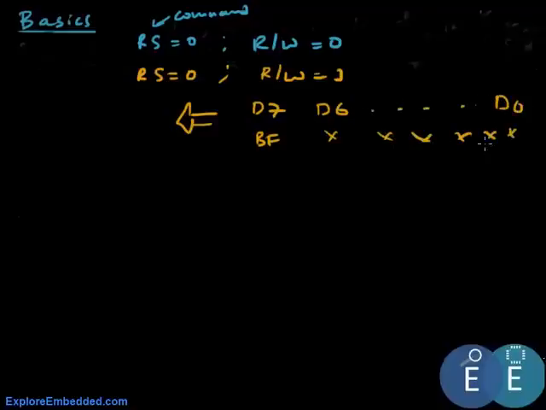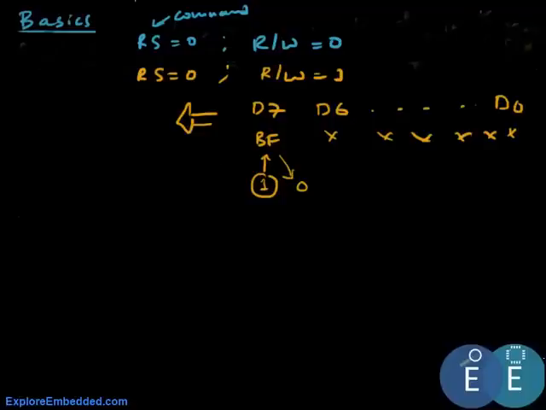So this gives important information here. If this bit is 1, it means that the LCD is displaying something, so you cannot write or read the next command. You have to wait till this 1 turns to a 0. Once the LCD finishes its internal operation, this becomes 0.